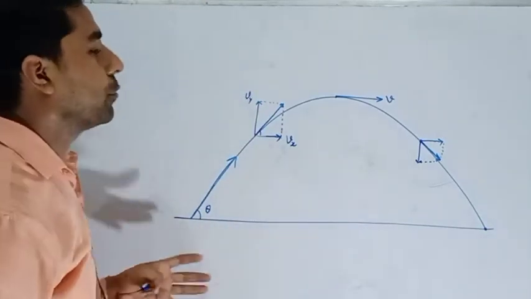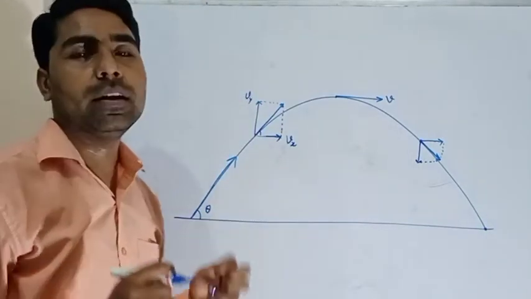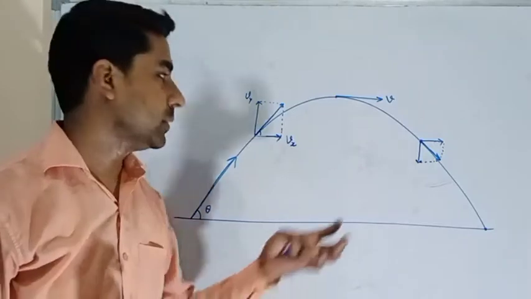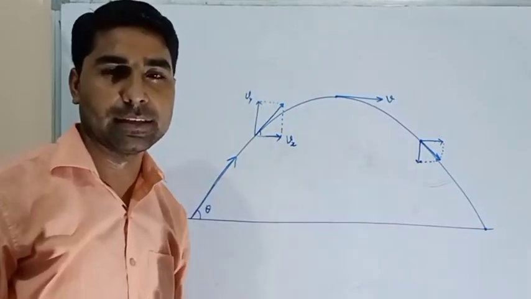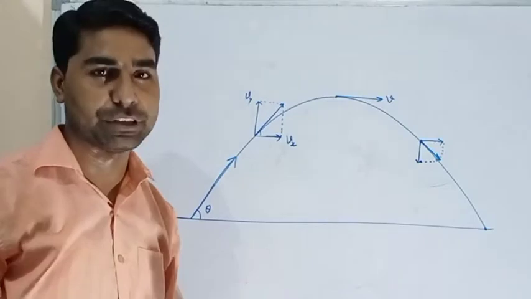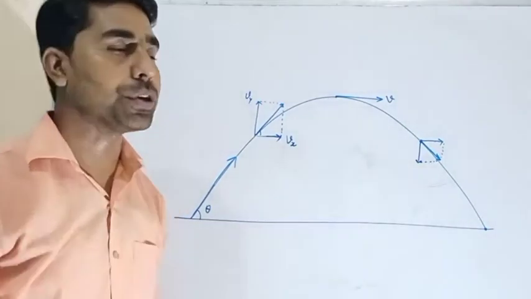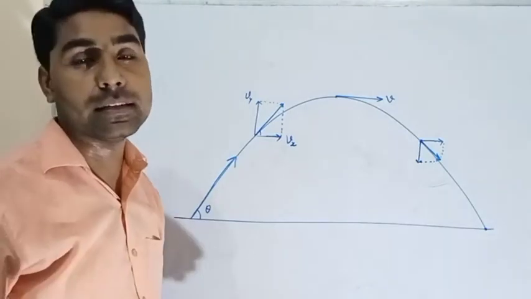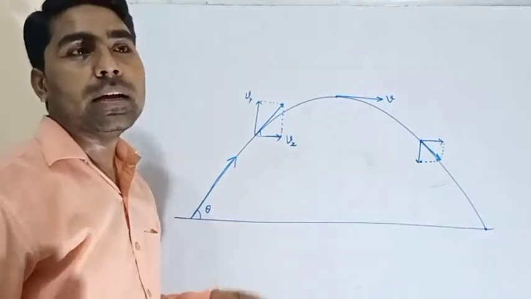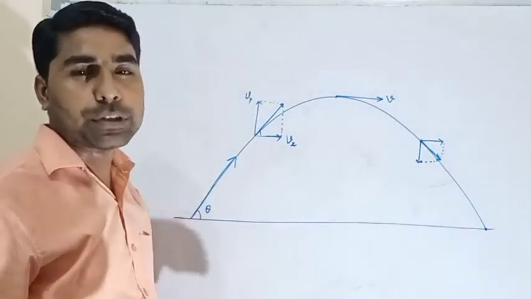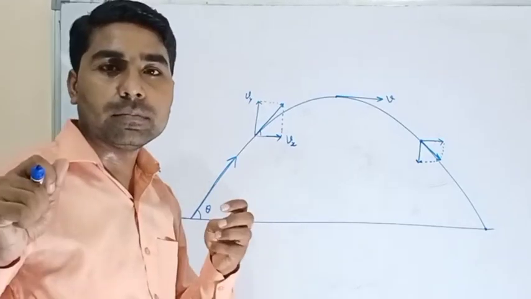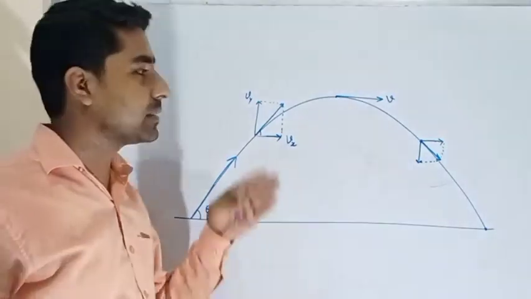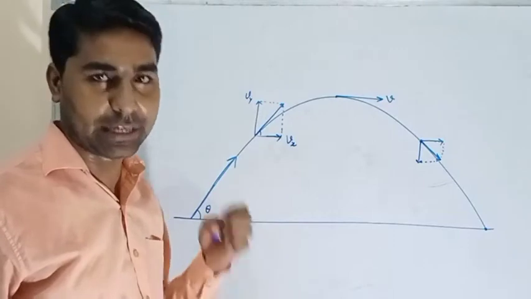So we have to calculate what type of trajectory this is. We want to name the trajectory. Suppose the equation comes y is equal to mx plus c. Then you can say it is a straight line. Suppose it comes to a different equation; regarding the equation we can say which shape the trajectory is.